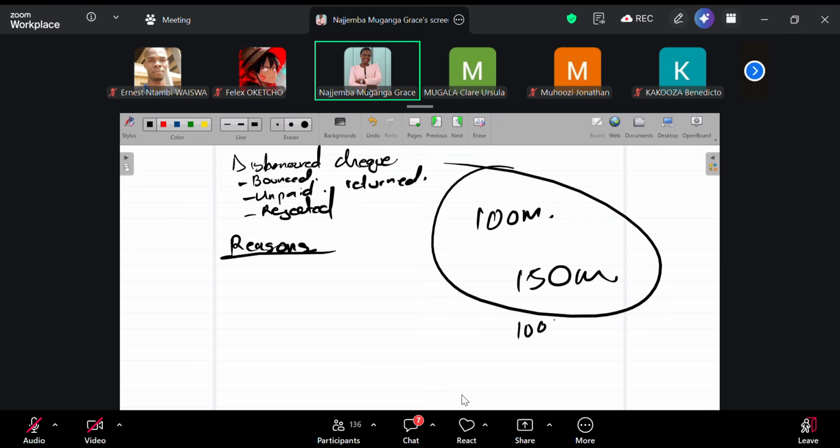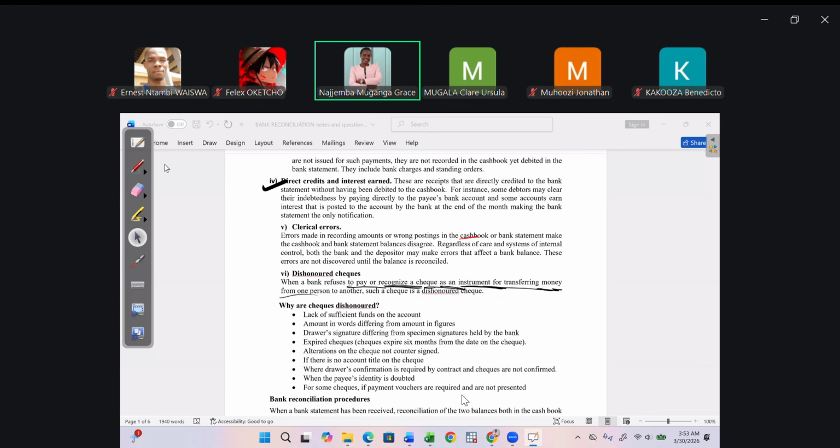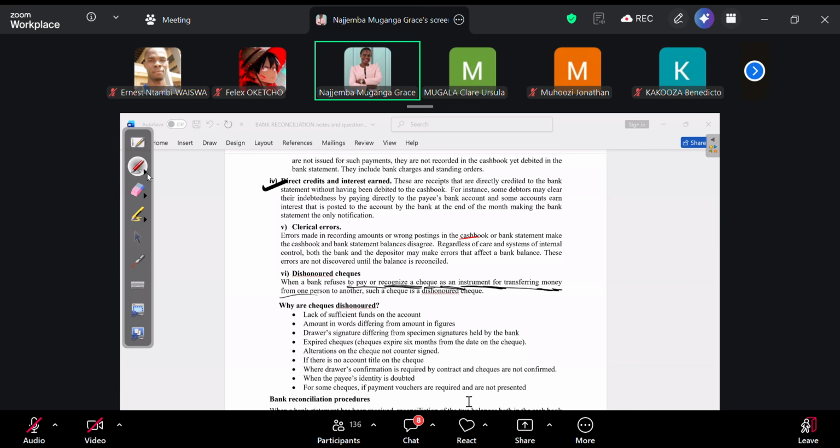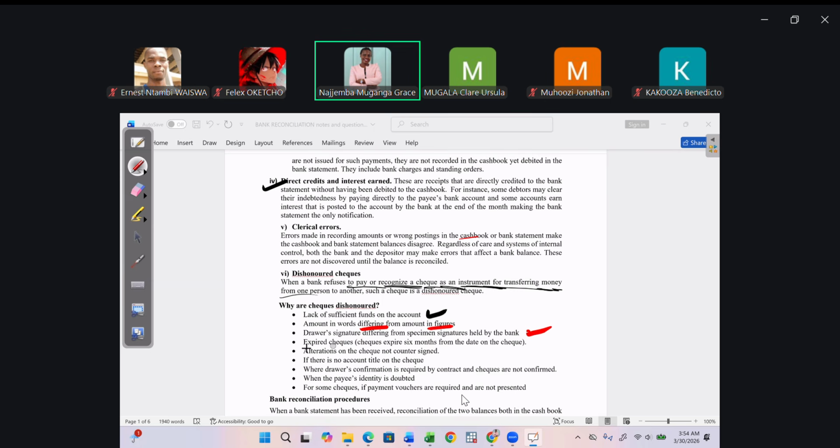We have many of them here. Lack of sufficient funds, amount in words differing from amount in figures, drawer signature differing from the specimen signatures, expired checks. Do you know expired checks? A check was written, pay so and so by 25th of March.